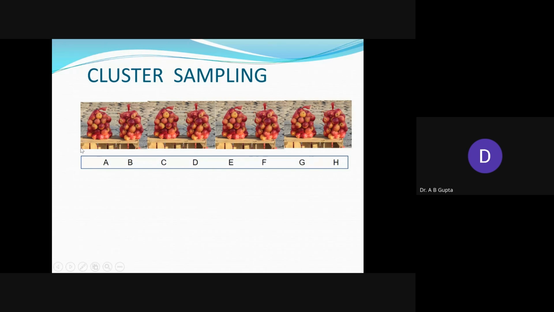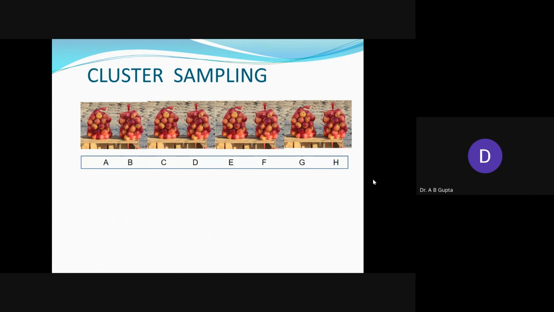So here we are putting the apples into clusters. A is one cluster, B is one cluster. Suppose there are around 24 apples in one cluster. Cluster A 24 apples, cluster B 24 apples, cluster C 24. Again cluster D, E, F, G, H. All these apples are in clusters.